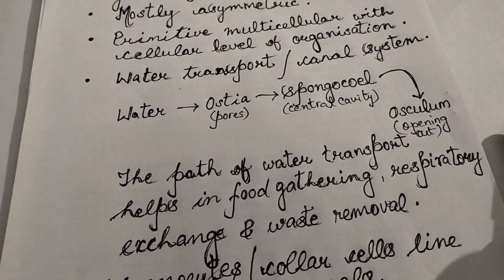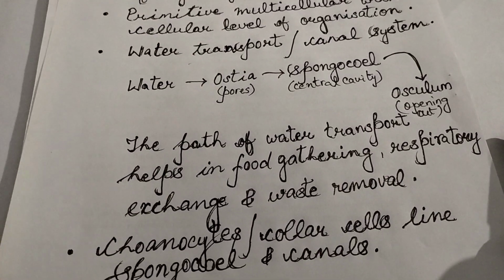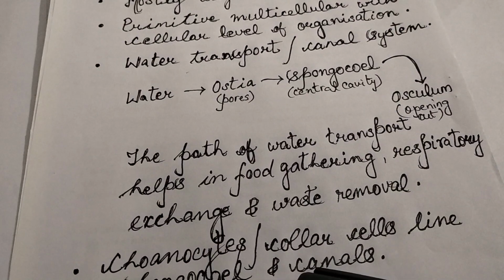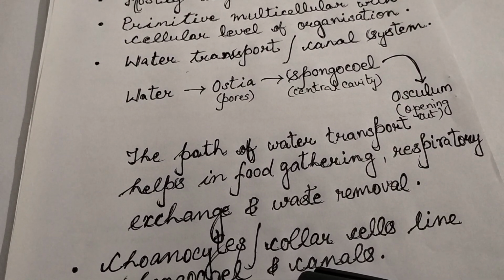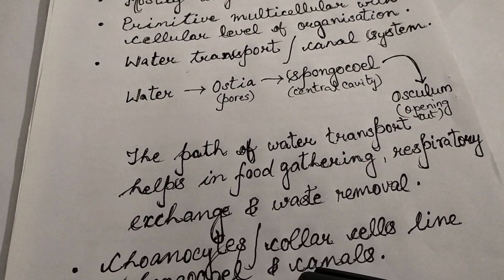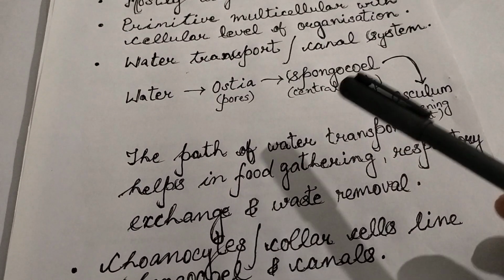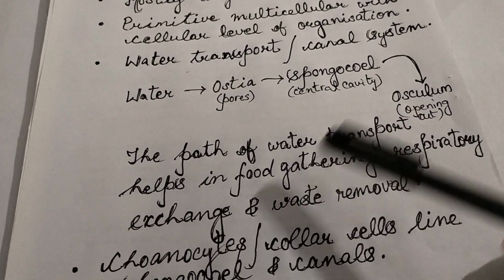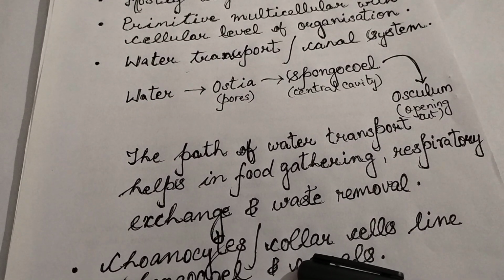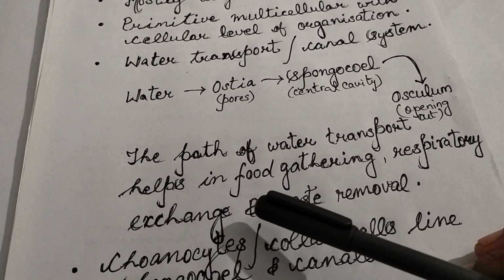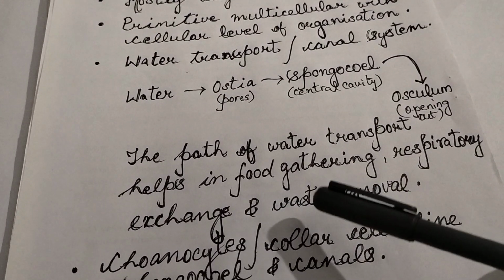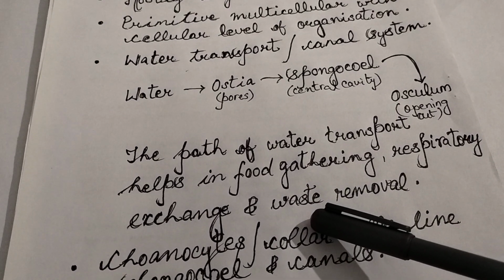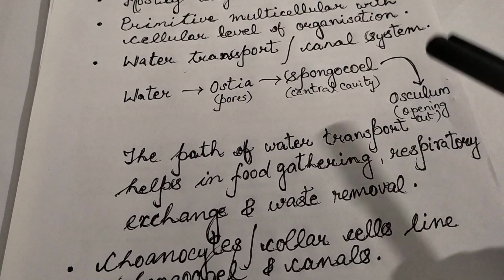The food which is taken in is transported, as it is multicellular, and every cell needs food. This food is transported through the body by this transport system. Whatever exchange of gases, respiration, etc. takes place, this water helps in the process. And finally the waste material is removed when the water moves out of the body.